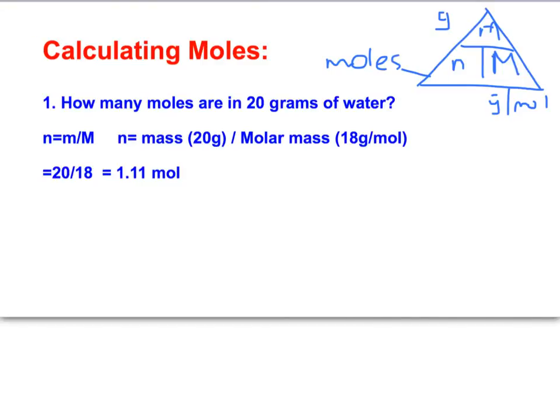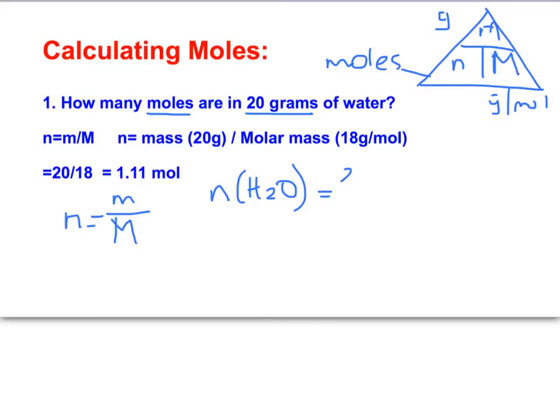Okay, so here's a typical question. How many moles are in 20 grams of water? Okay, so we've got 20 grams of water. So let's write down what we're trying to find out. We're trying to find out Nigel. So we're going to go n equals m over big M. And we're trying to work out n of H2O equals the little m, the mass.